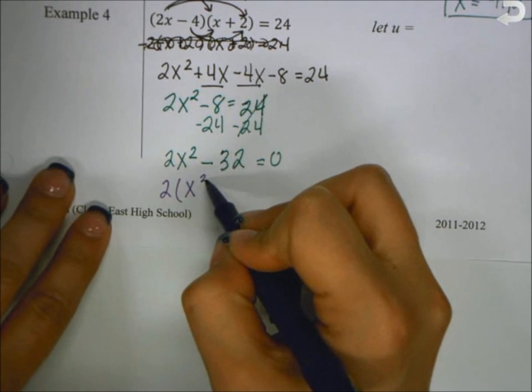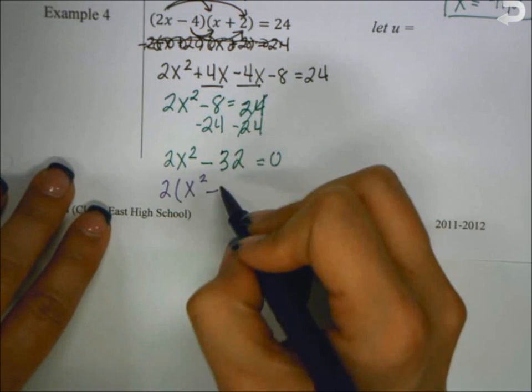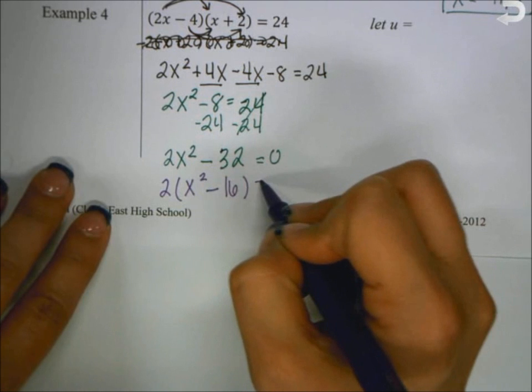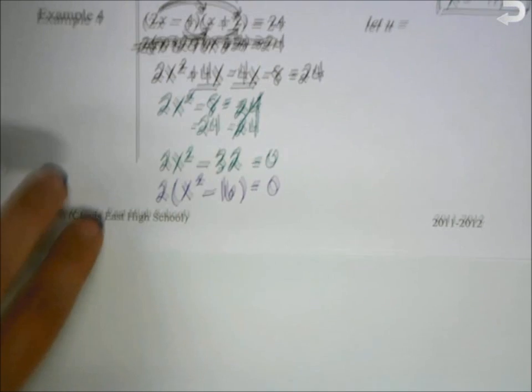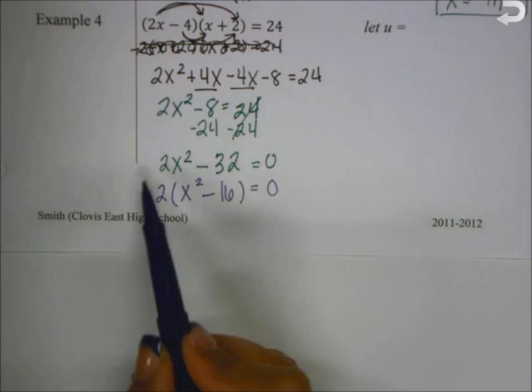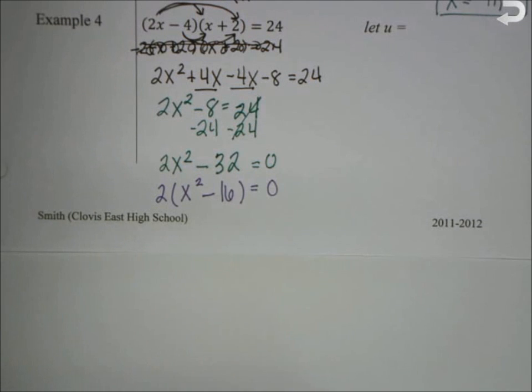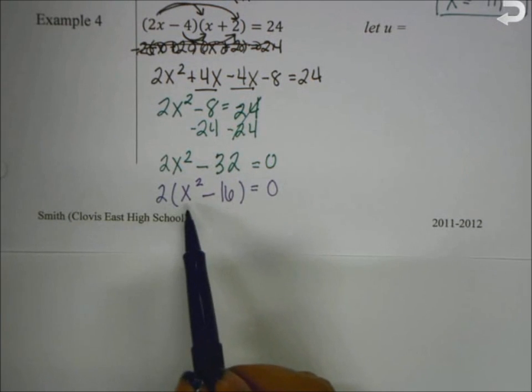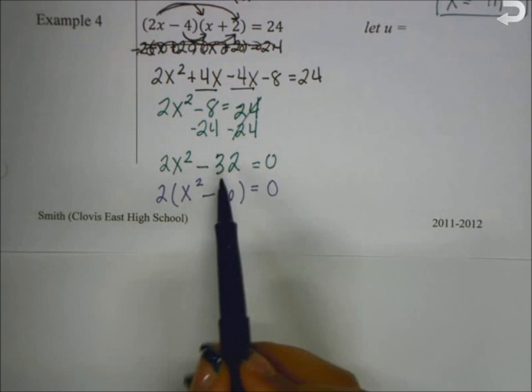So 2x squared divided by 2 gives me x squared, right? 32 divided by 2 gives me 16. So factoring out a GCF is like dividing. So in this case, did we really need to use substitution? Not really, right?